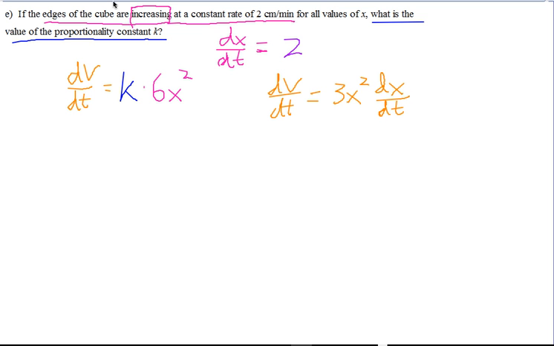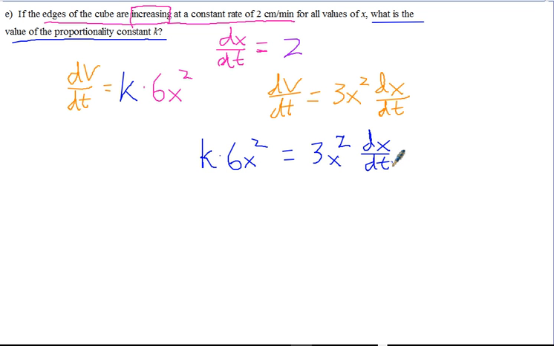So those would have to be equal to each other. And like we said, k times 6x squared equals 3x squared dx/dt.